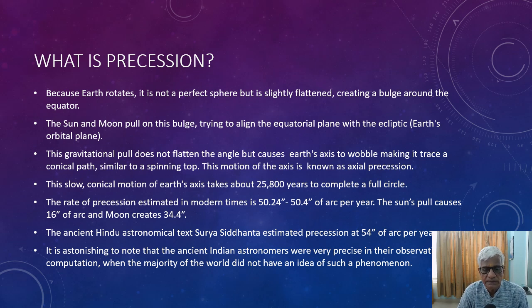The Earth is not a perfect sphere. It is slightly bulged at the equatorial portion or the middle and flattened at the poles. The gravitational or the magnetic pull of the Sun and the Moon is more on this bulge, trying to align the equatorial plane with the Earth's orbital plane.